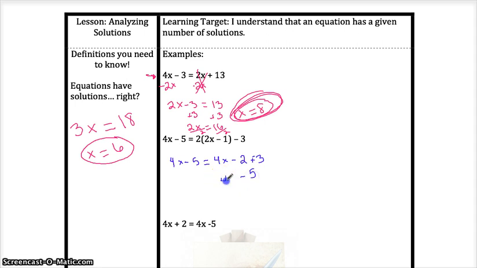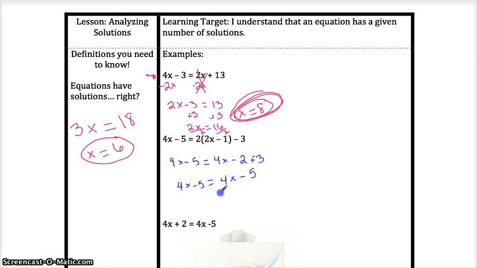So we have 4x minus 5 is equal to 4x minus 5. Hey, do you notice something about that? They're the exact same. Let's see what we figure out. Okay, so then we need to get our variable to one side.